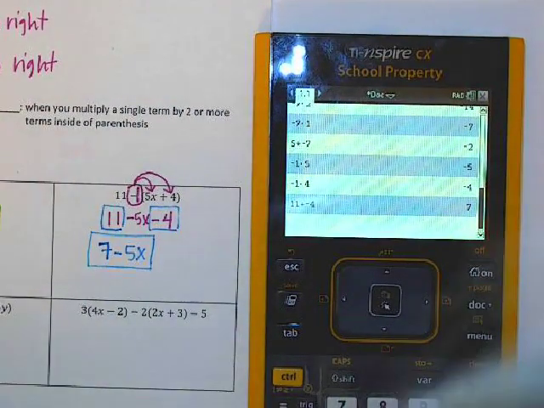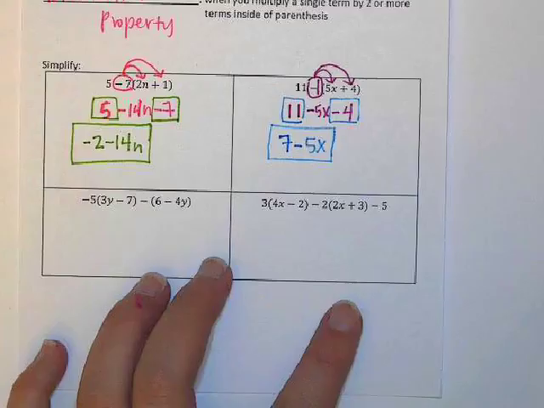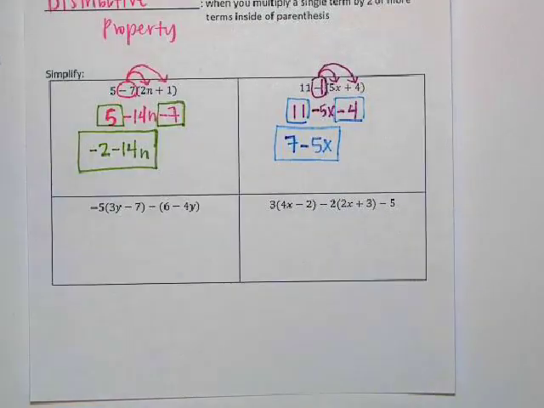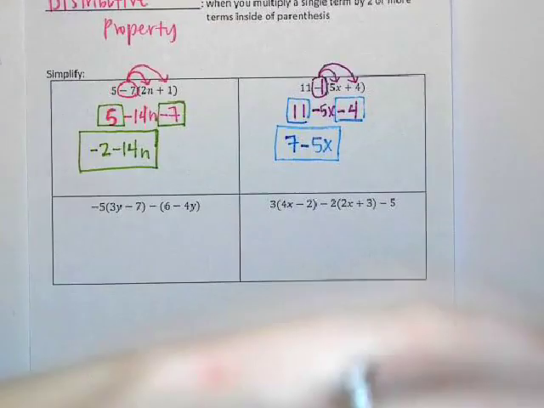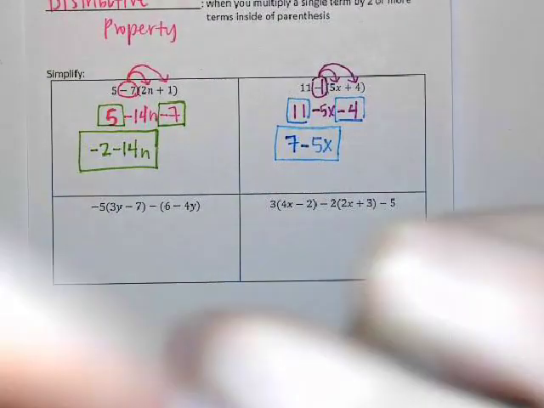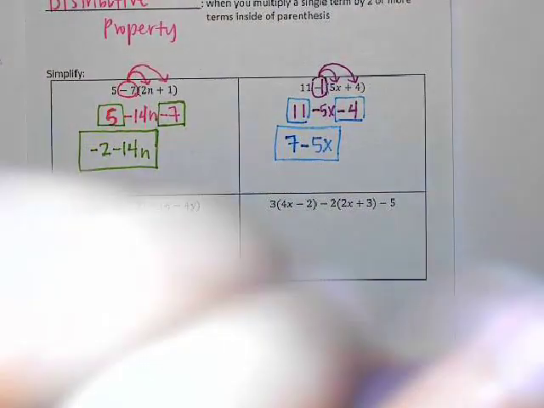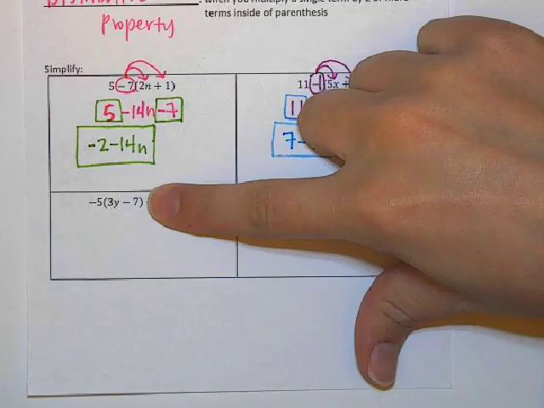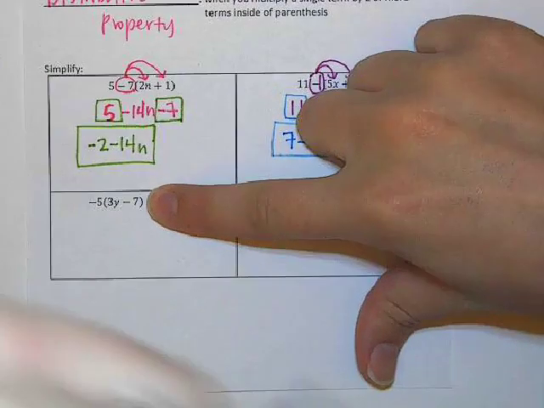Okay. Number 3. What's different about this one? There are 2 sets of parentheses, right? So how many times am I going to distribute? Twice. Good. So I'm going to distribute twice. I'm going to only be looking at this part first. What am I going to multiply?